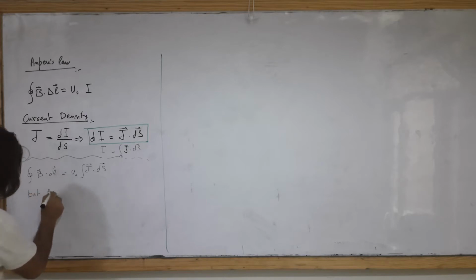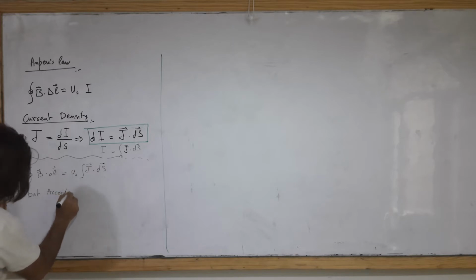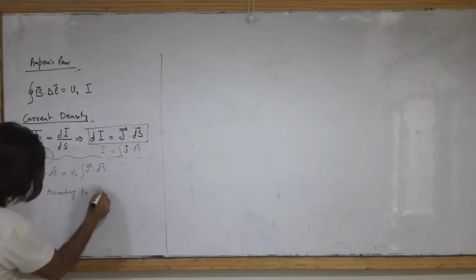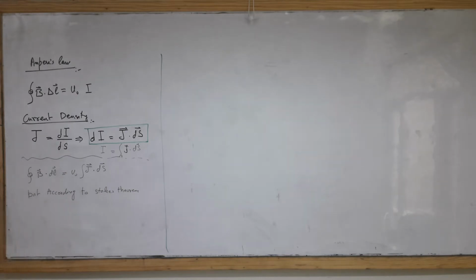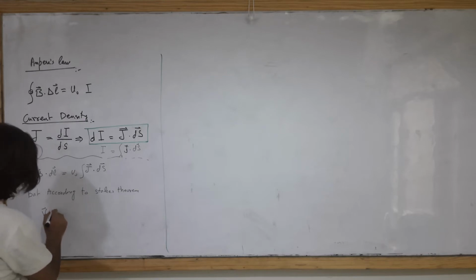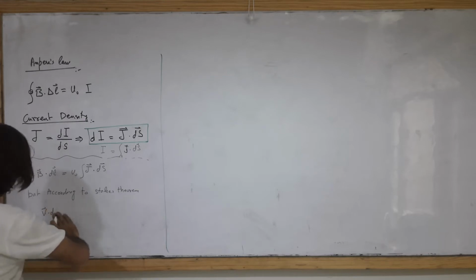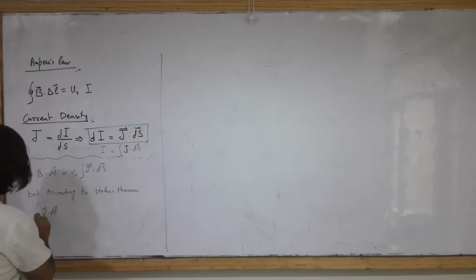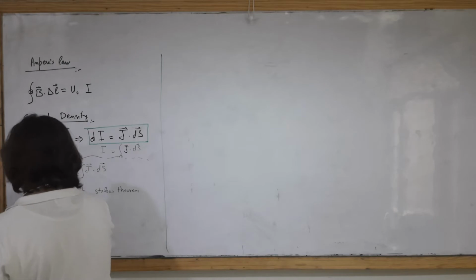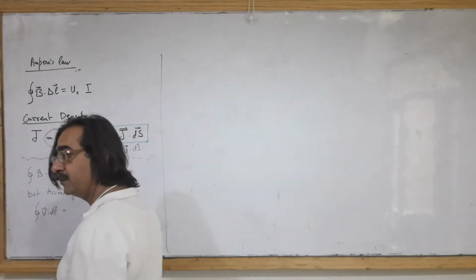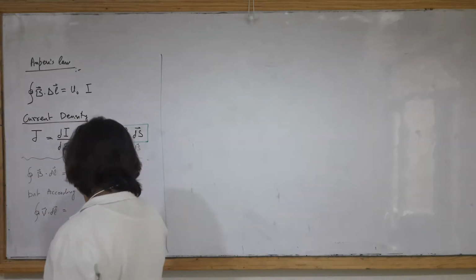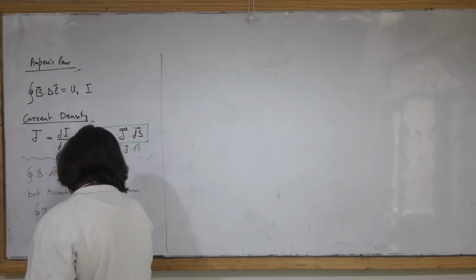But according to Stokes theorem, the closed line integral of any vector is always equal to the surface integral of the curl of that vector.